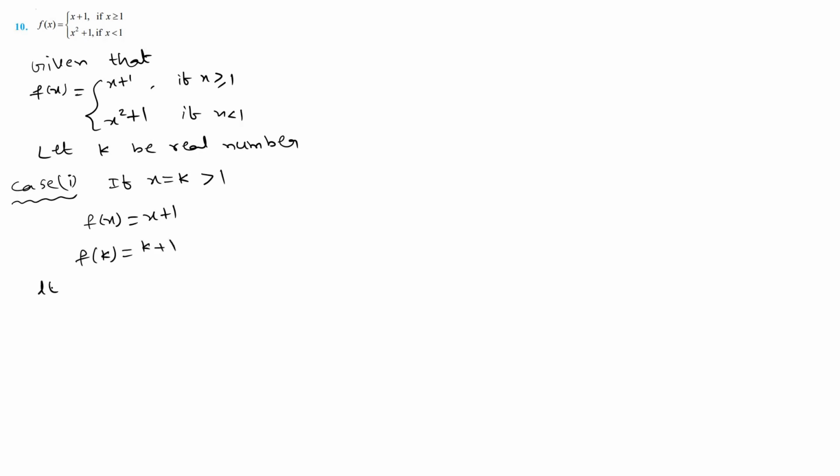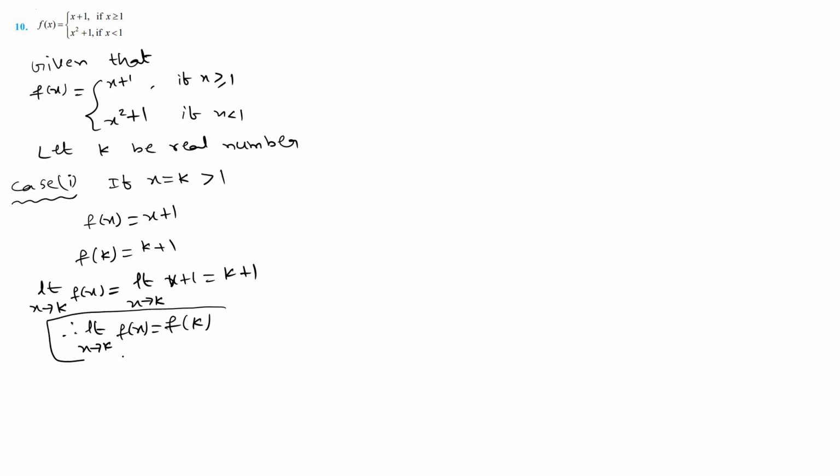Next, the limit: limit x tends to k, f of x is equal to limit x tends to k of x plus 1, which is nothing but k plus 1. Therefore, limit x tends to k, f of x is equal to f of k. Okay. Therefore, f is continuous at x equal to k, which is greater than 1 here.